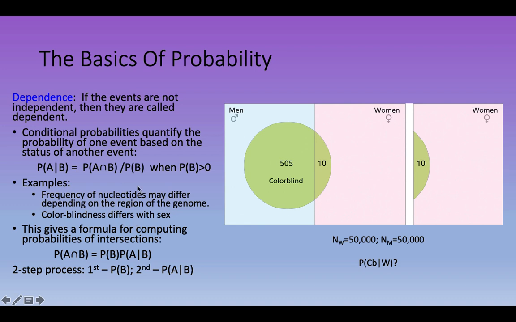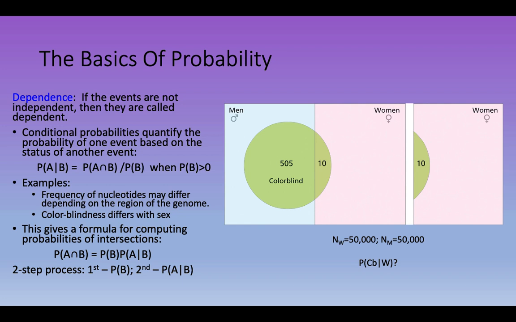Examples we could use here include CpG islands in the genome and nucleotide frequencies, as well as the color blindness of sex. If we use the probability of color blindness in different sexes, where we know there's bias in the data, so men are much more likely to have color blindness than women, we can use this equation: the probability of A given B equals the probability of the intersection of A and B divided by the probability of B. If I know these numbers, it's easy to calculate the probability of color blindness given that you're a woman.